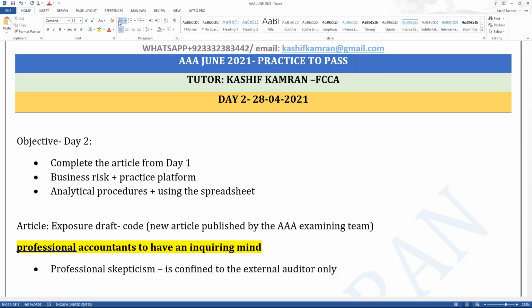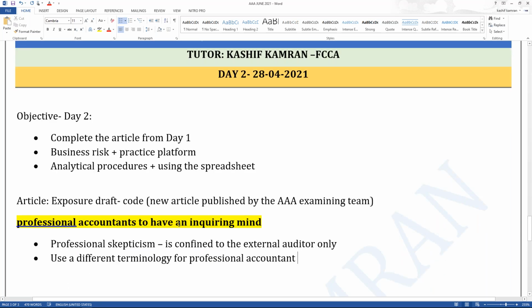So the code of conduct thought it important to use a different terminology for professional accountants, and that is known as inquiring mind. They introduced a new jargon, inquiring mind, which is the literal meaning of the word professional skepticism, right?